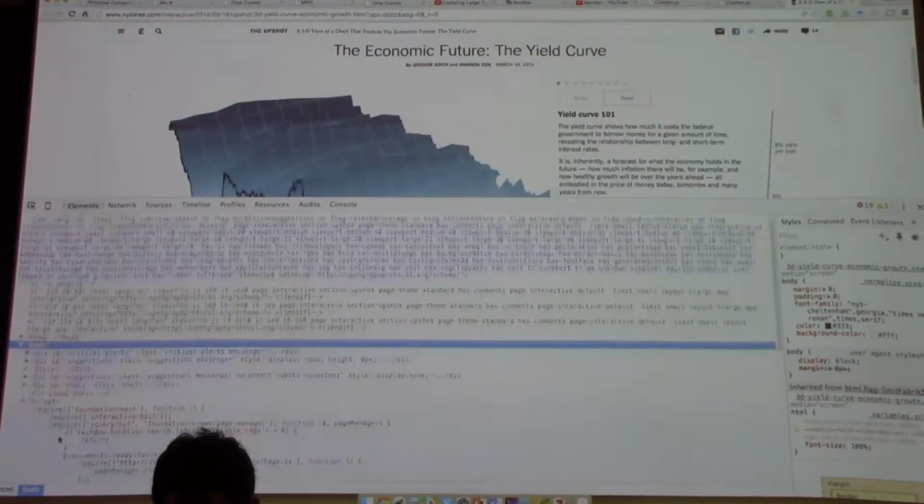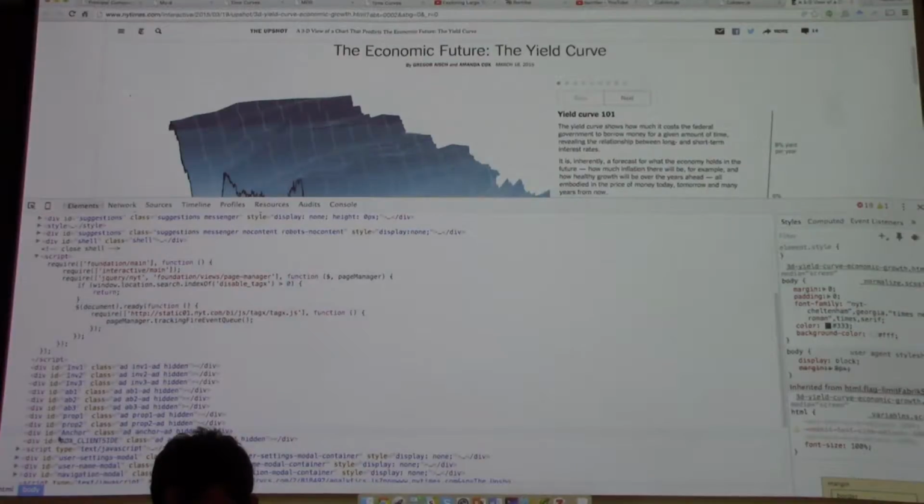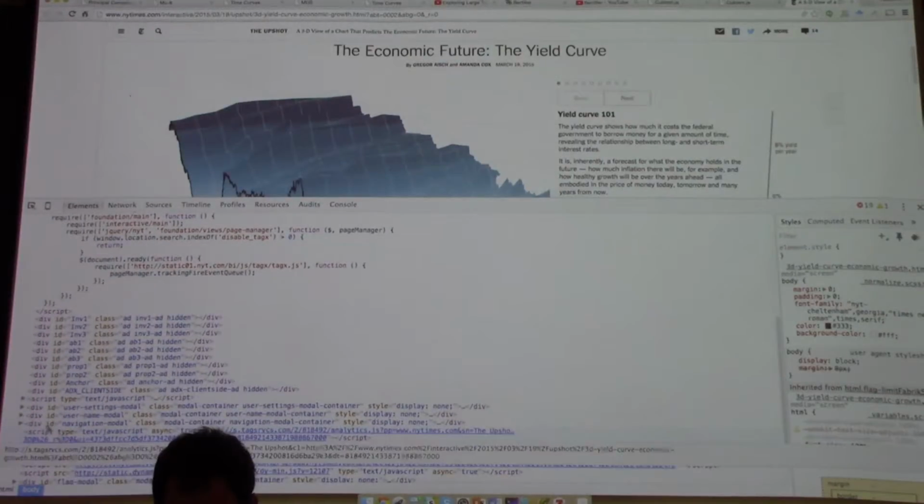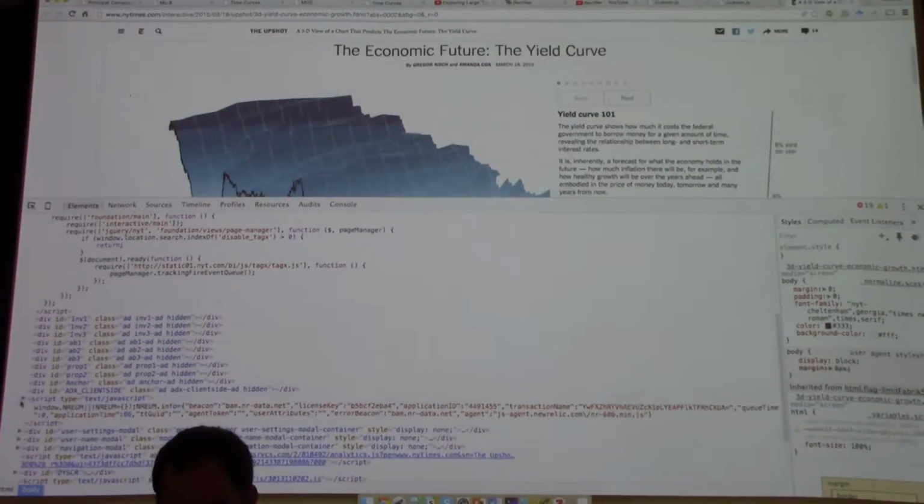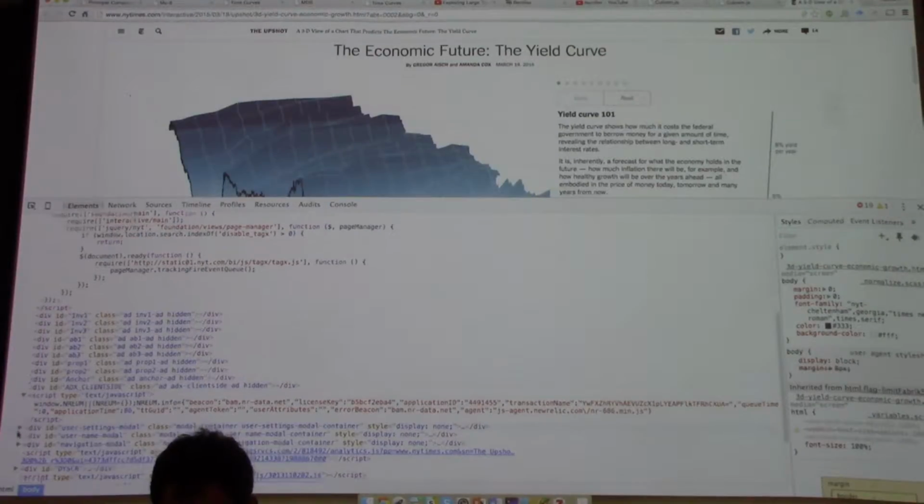I don't see anything that says D3. Yeah, I think it wouldn't be a good fit because D3 doesn't do the 3D very well. This is really smooth.